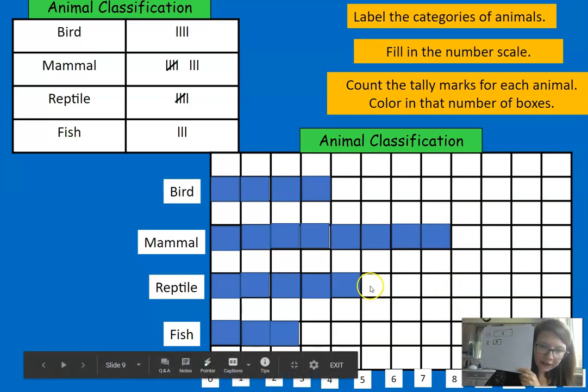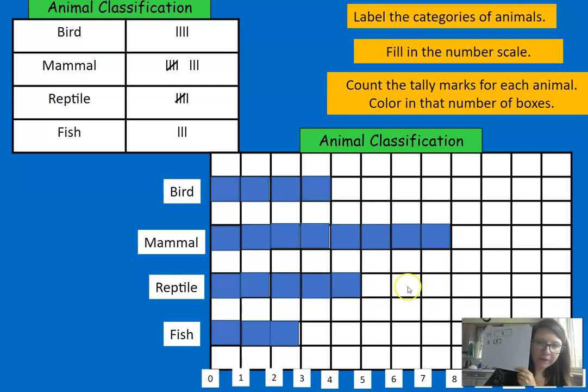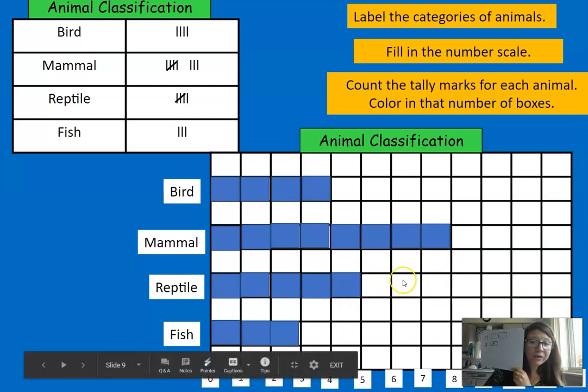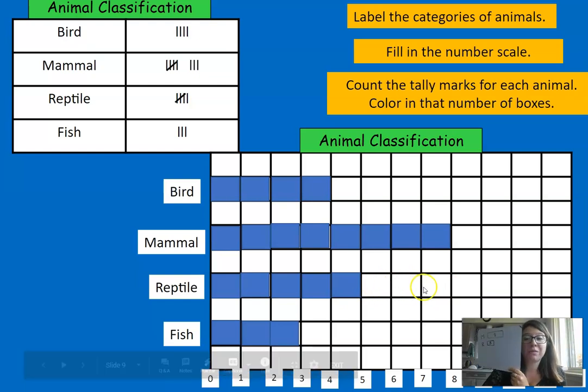So I can see there's a space right here where mammals are longer than reptiles. A couple different ways I can do this. I can just count the boxes, right? 1, 2, 3. There are 3 more mammals than reptiles. Or I can solve. So I need to get to 8. Solve for that missing number, and we get 3. Either way.